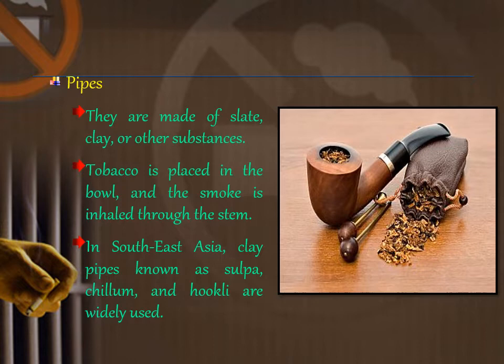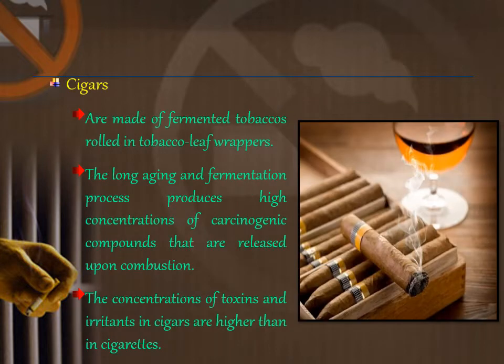In Southeast Asia, clay pipes known as salpa, chilam, and hukli are widely used. Cigar. Cigars are made of fermented tobacco rolled in tobacco leaf wraps. The long aging and fermentation process produces a high concentration of carcinogenic compounds that are released upon combustion. The concentration of toxins and irritants in cigars is higher than in cigarettes.